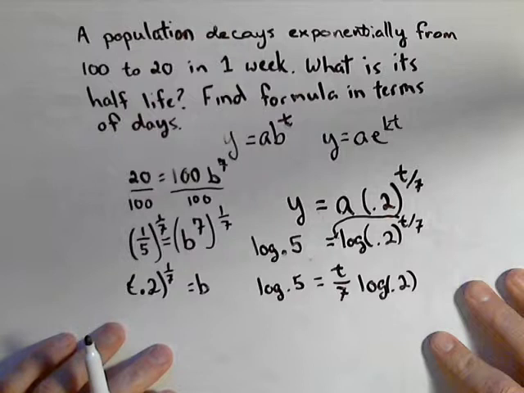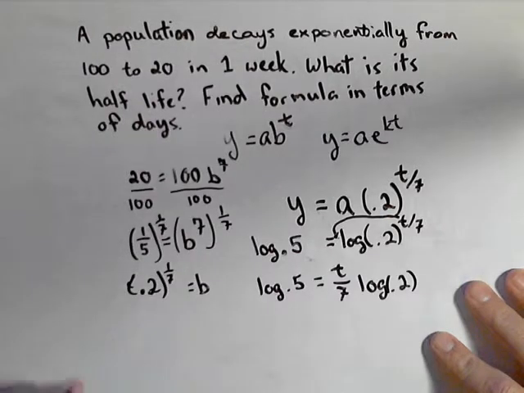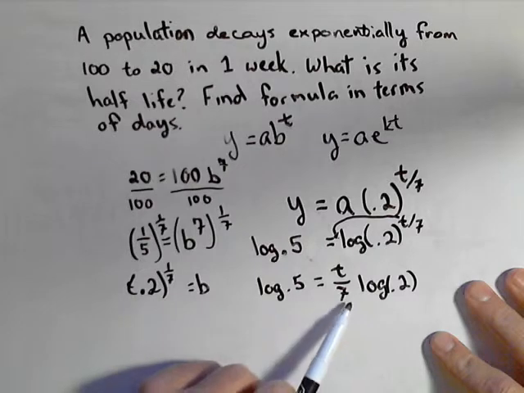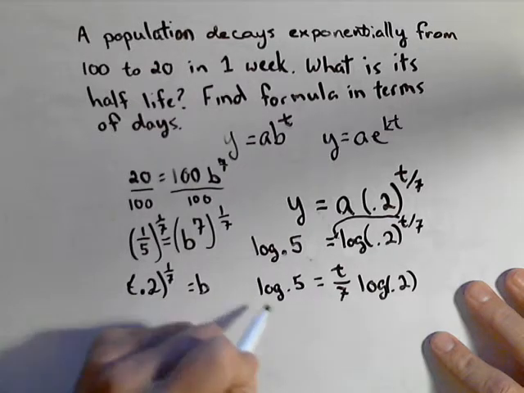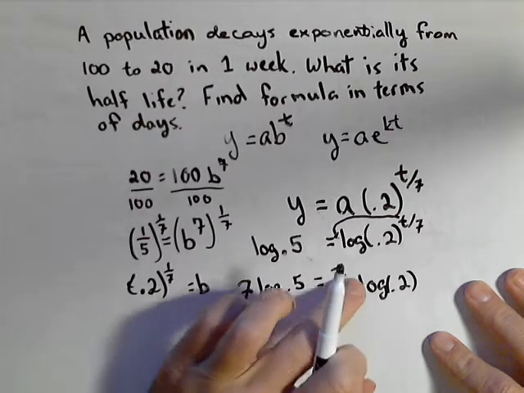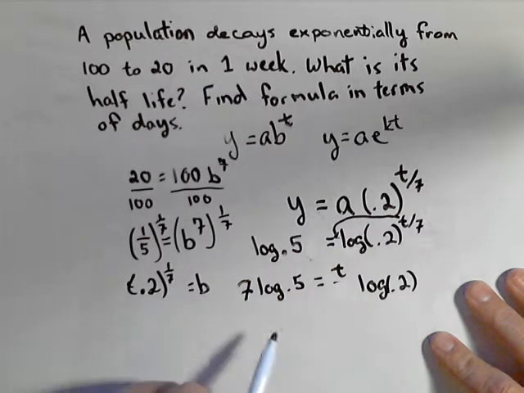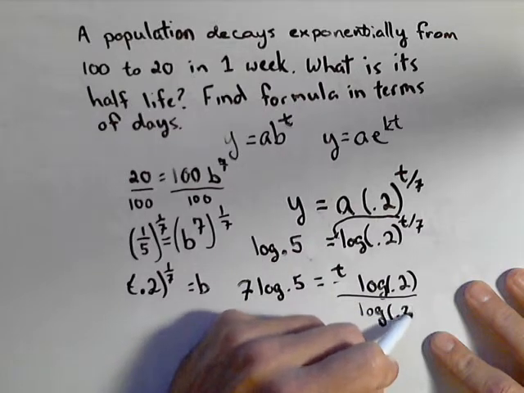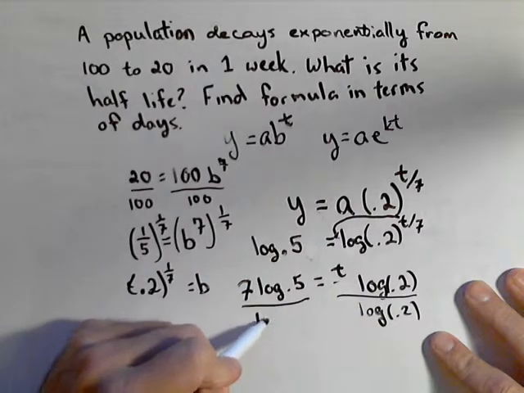We're almost there to getting our half-life. Our half-life is a time. So I'm going to multiply both sides by 7, and then divide both sides by log of 0.2, and I've got my T.